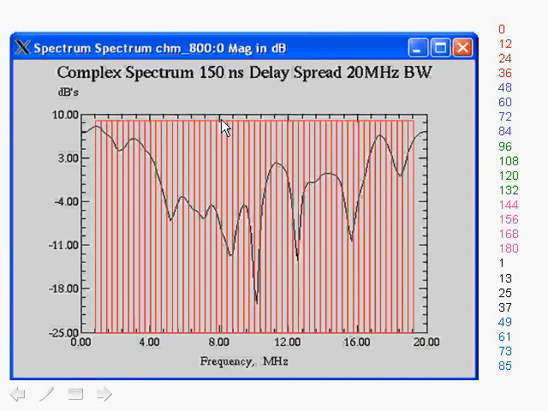Here we show a multipath fading channel with a 150 nanosecond RMS delay spread at 20 megahertz bandwidth. The fading characteristic shows that in some situations you have multiple carriers that are affected by the fade, and therefore multiple carriers can be damaged, and the resulting decoded bits, of course, if these bits were adjacent and mapped to adjacent carriers, then we'd have a big bursty error at this point.